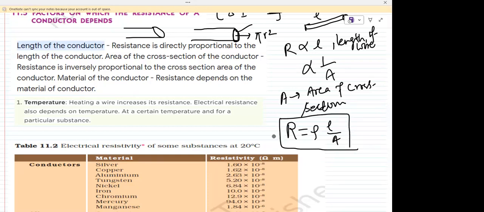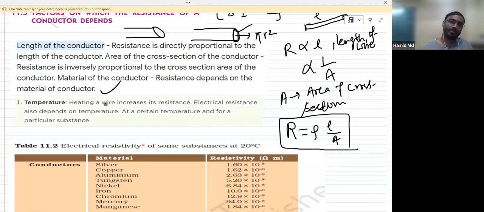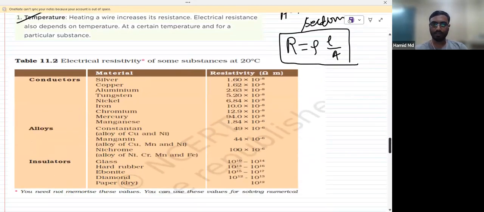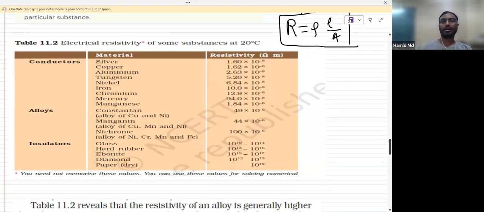Yes. So it also depends upon the material as well as the temperature. So we have some material at a constant temperature of 20 degrees C. For conductors, we see that resistivity is of the order of 10 to the power minus 6 to minus 8.